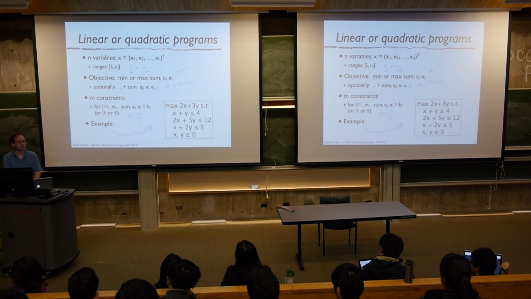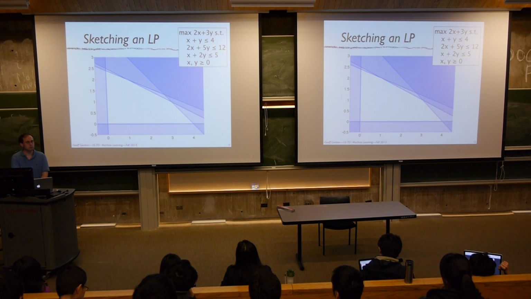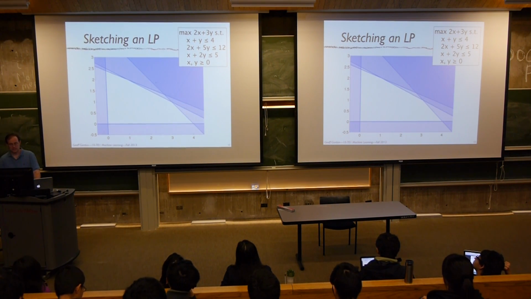So just to sketch what that looks like, here's the example from before. I just put it into MATLAB and had it sketch it. Each constraint is a blue half space. Here is the feasible region. And it turns out that this right here is the optimum.